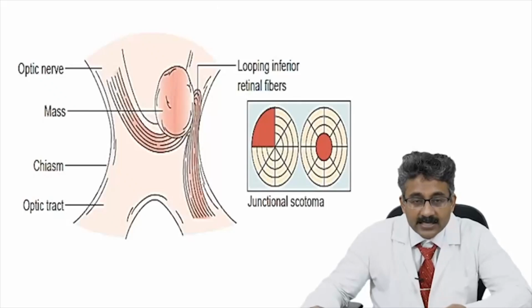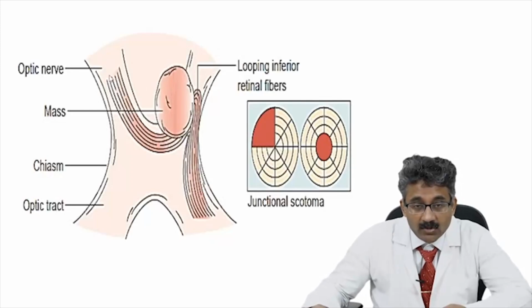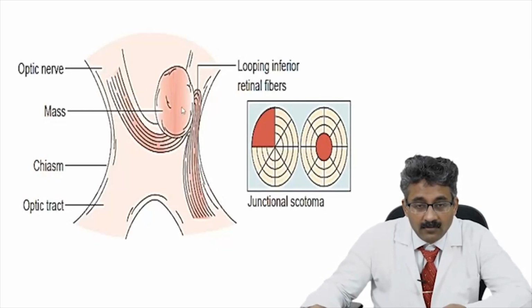What happens in junctional scotoma is, for example, if there is a tumor below the optic nerve on this side, the right eye optic nerve papillopathy will occur, so there will be a central scotoma. Because it is pressing the nasal fibers of the opposite optic nerve, which correspond to the temporal field, and because it is pressing from below upwards, the upper part of the temporal field will be affected.